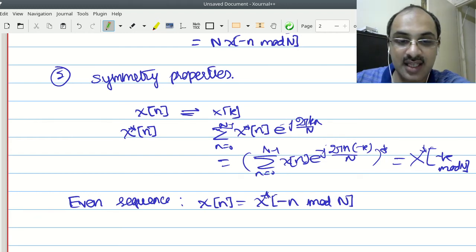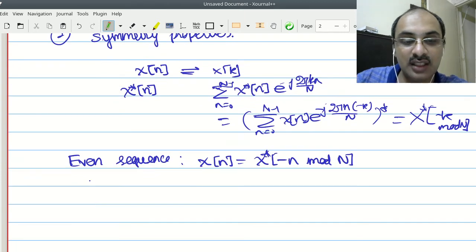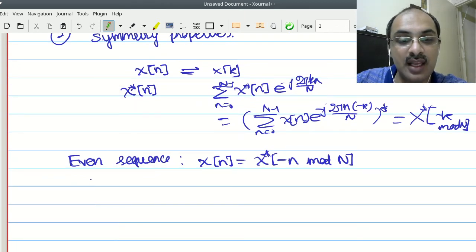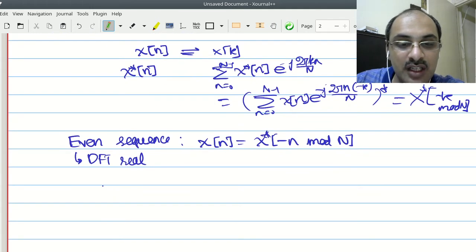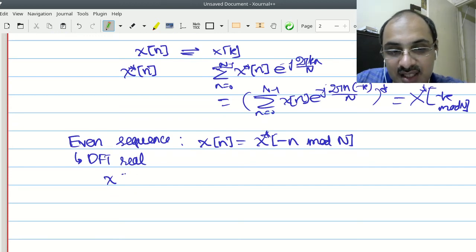In such a situation, it's easy to show that the DFT will be real. This is similar to the DTFT property, which you can infer directly. Of course, you can infer it, but if you really want to prove it, it's very easy.